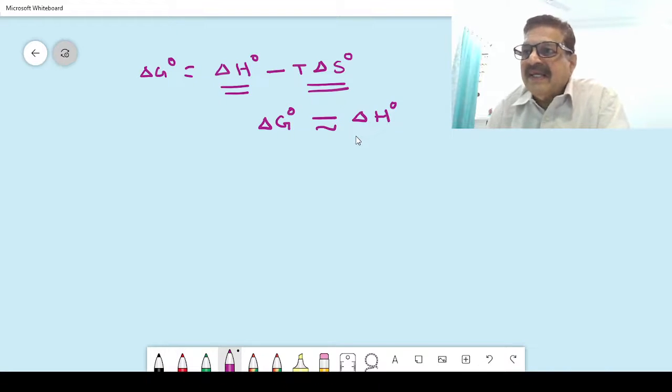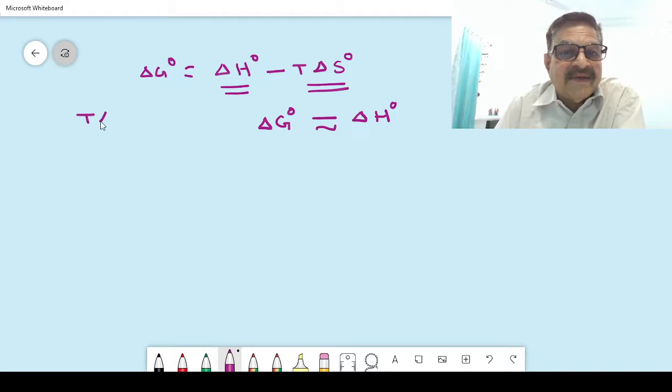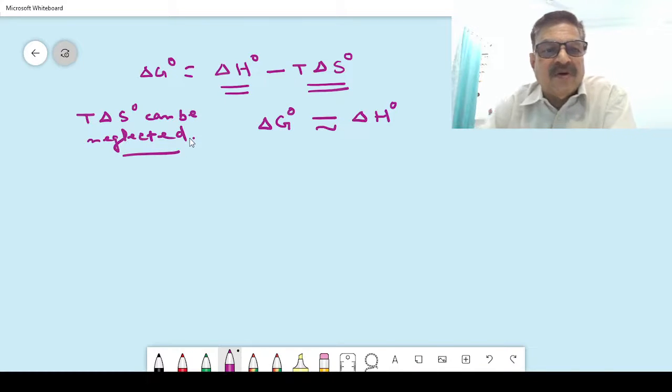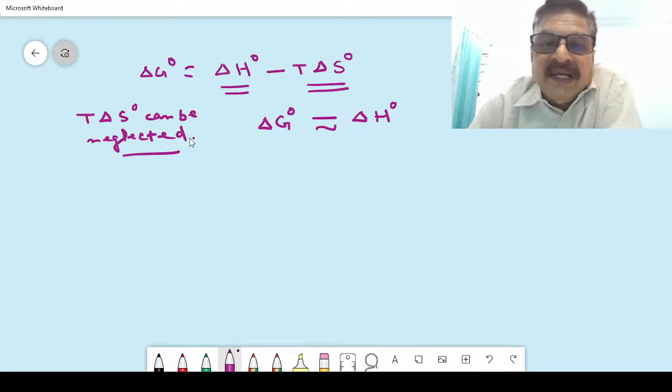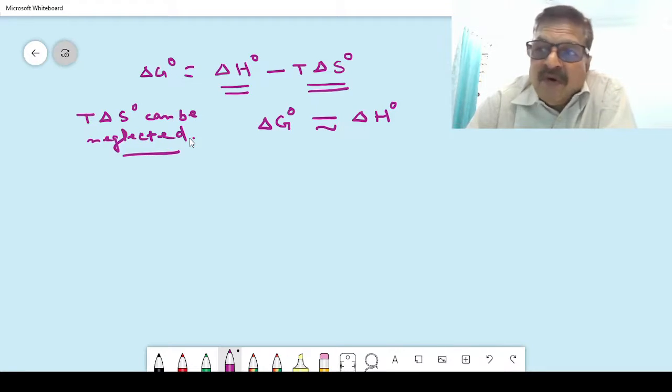We can neglect the T delta S, because in most of the reactions it is a negligible value, a small value compared to the enthalpy change delta H. So it can be neglected, correct?